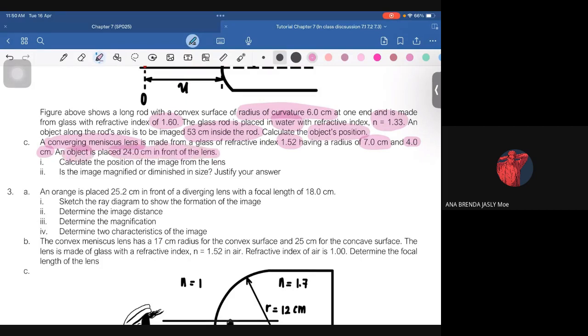Okay, so untuk soalan yang ini, dia bagi kamu dua radius. Okay, selalunya budak akan assume directly this is R1, this is R2. Okay, you have to determine this based on the type of lens lah. Okay, since soalan sudah mention, this is a converging lens.